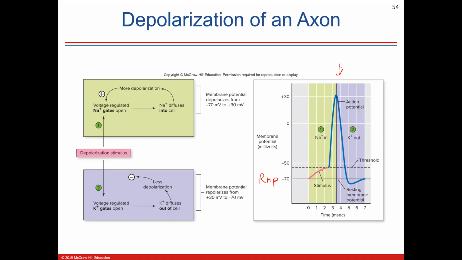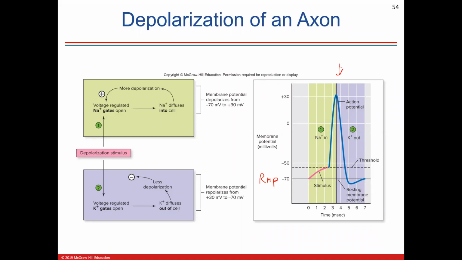So afferent is into the CNS, and you know that the CNS is the brain and spinal cord. And efferent is out of the CNS to an effector, like a skeletal muscle for the somatic nervous system, or a cardiac muscle, smooth muscle, or a gland for the autonomic nervous system. So that's a big deal.